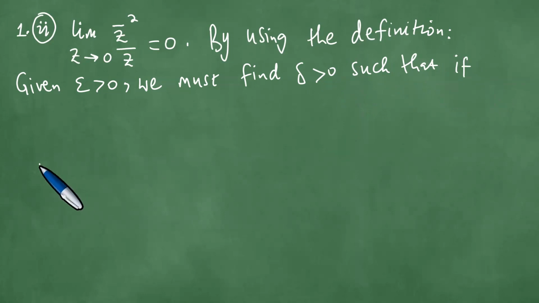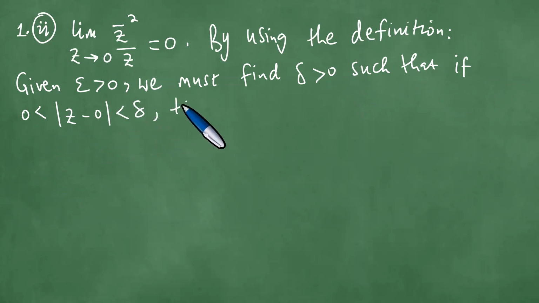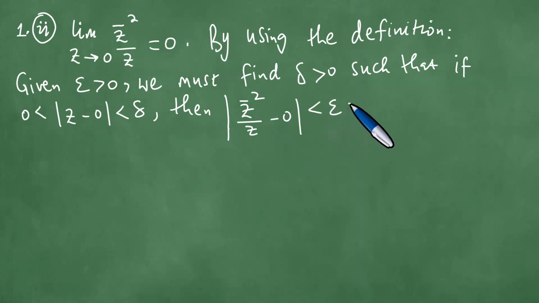if, now we focus on this one, the modulus of z minus 0 is less than delta, then the modulus of the function z bar squared divided by z is less than epsilon. So with that said, we proceed to have the following.